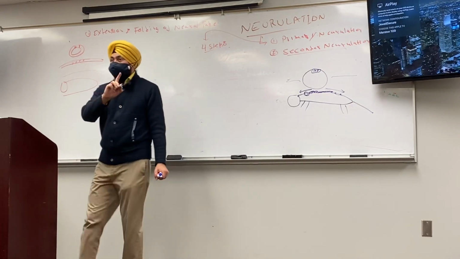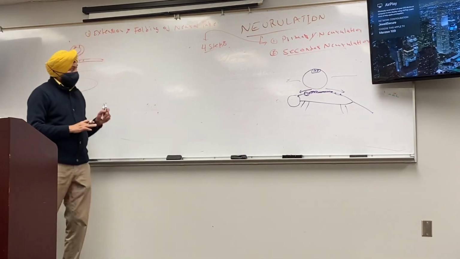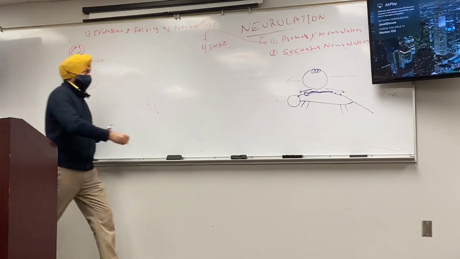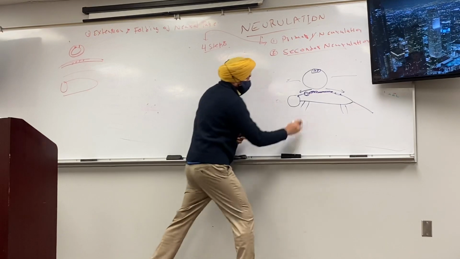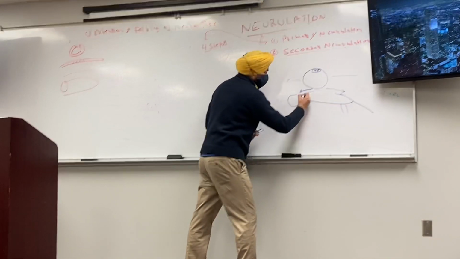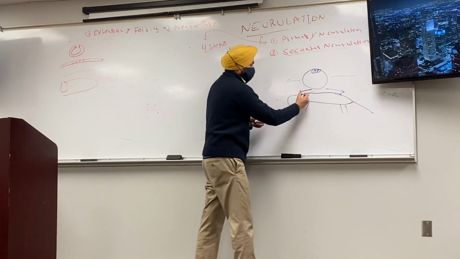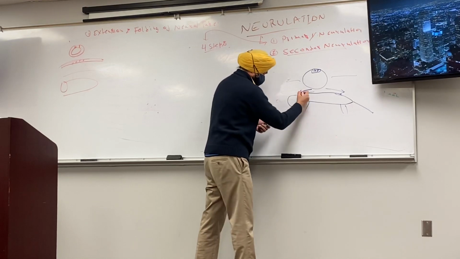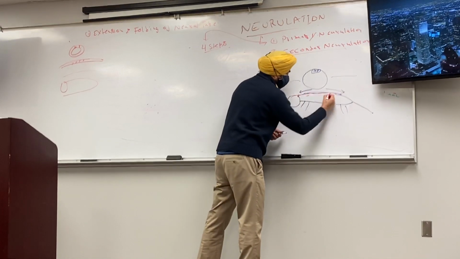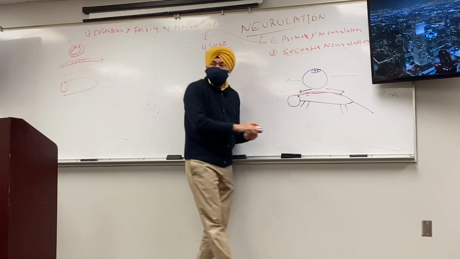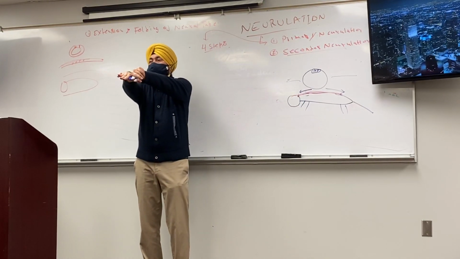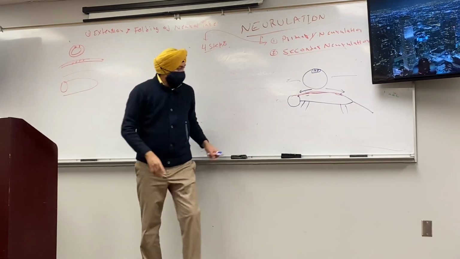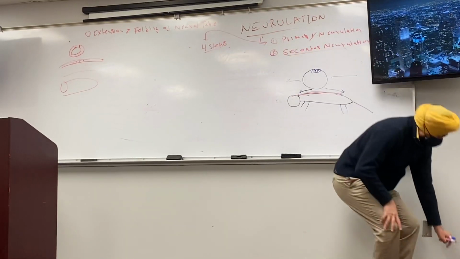Making sense? Now think about, if this is the body right here, now this is the whole neural plate. Let me draw a different color. Now this has become the neural plate right here, right? So this whole neural plate should fold, right? Only then you will have the spinal cord and brain.